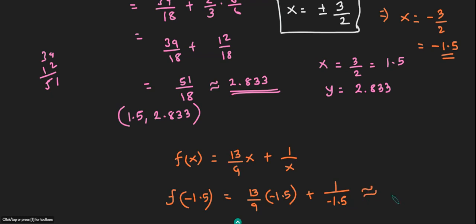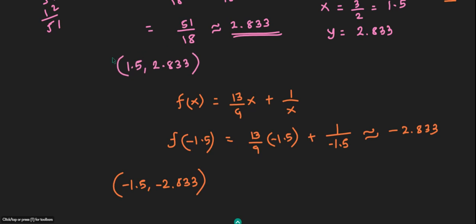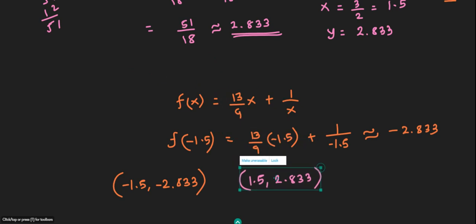And when we evaluate this using the calculator, we get approximately negative 2.833. So we see that the other point is x comma y, that is negative 1.5 comma negative 2.833.